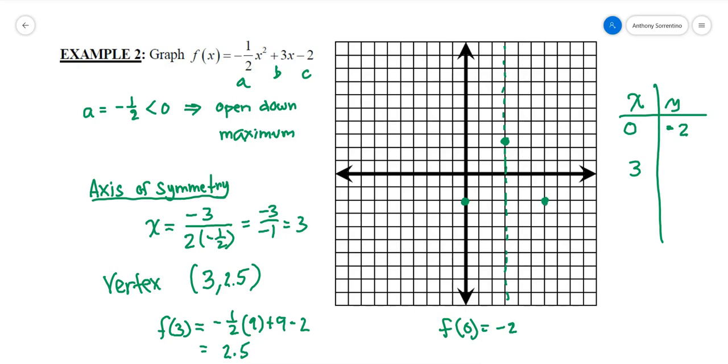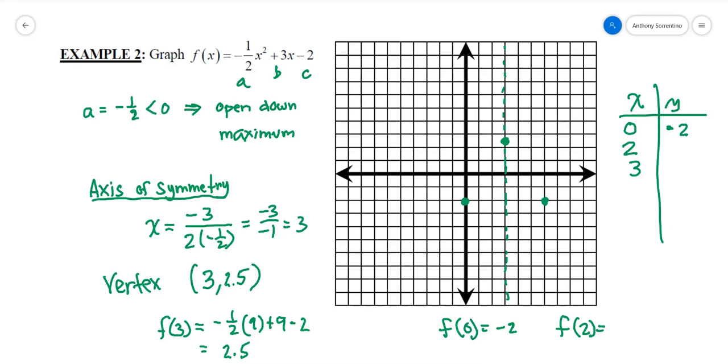Every time I come up with one point for the parabola, I get a second point because it's simply a mirror image. Let's choose 2 for another because 2 will work with that negative 1/2. F of 2, well, negative 1/2 times 2 squared. 2 squared is 4.